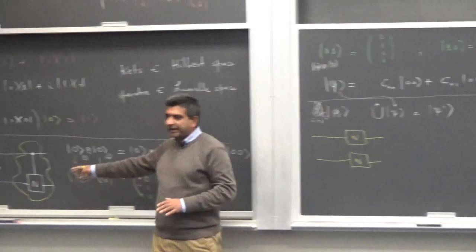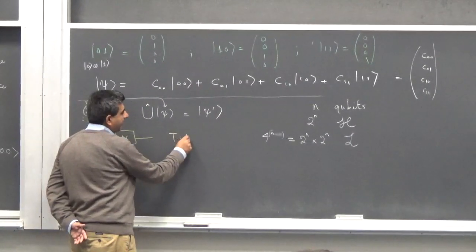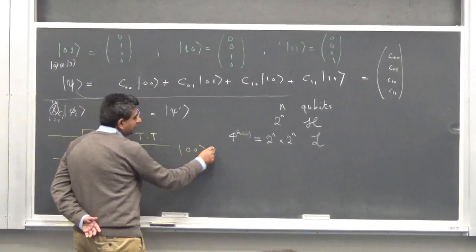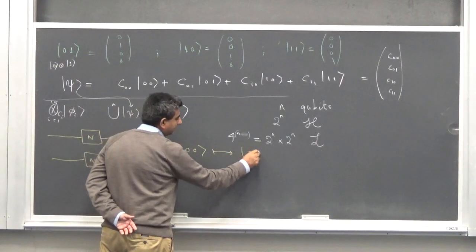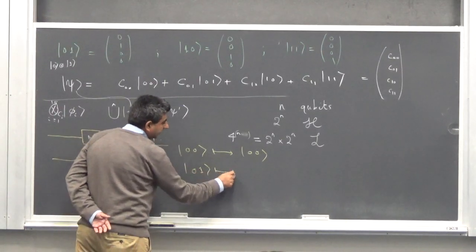Now let's first of all write down the truth table for the control NOT. The truth table goes as follows: 0, 0, nothing happens. 0, 1, nothing happens.